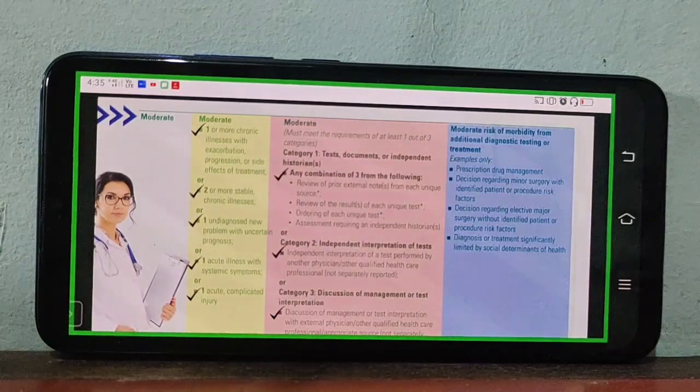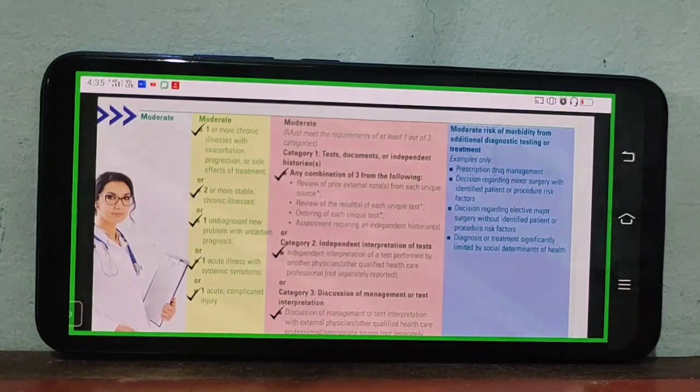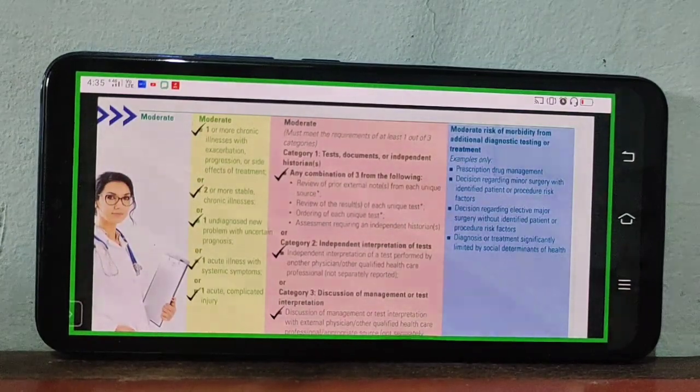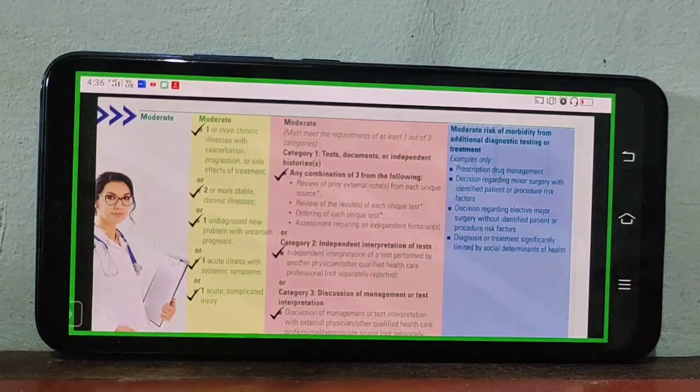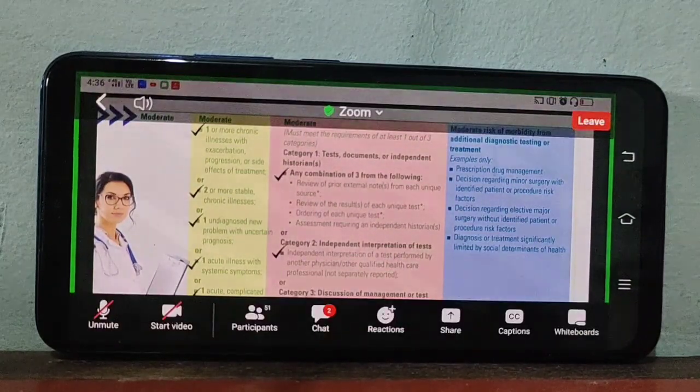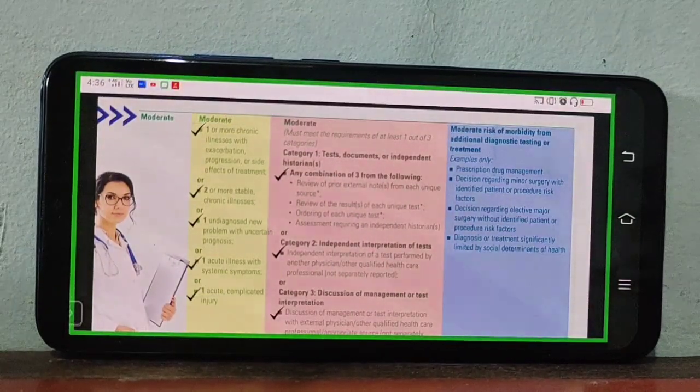Then diagnosis or treatment limited by social determinants of health. That means due to environment, the condition has not progressed. For example, a patient suffers from a skin problem and works in a leather factory. He takes the medication and follows the prescription regularly, but the condition has not progressed.